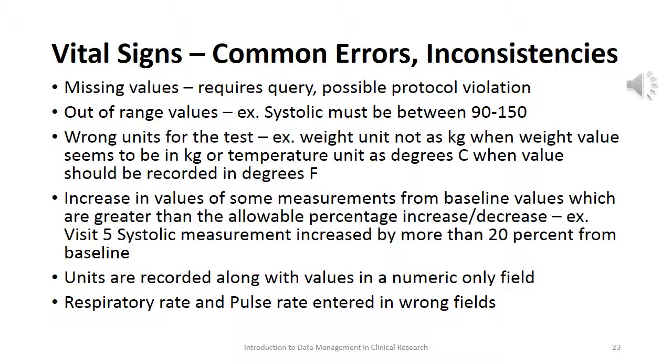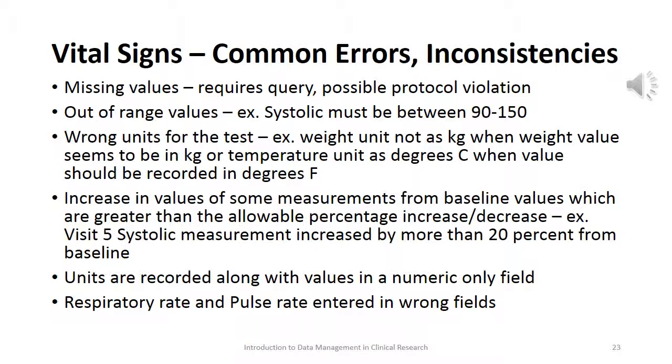We also want to check for any increase in values of some measurements from the baseline values. We see this quite frequently. One of the other common errors we might find is that the site recorded units along with values in a numeric-only field. That could prompt a query to clarify that.